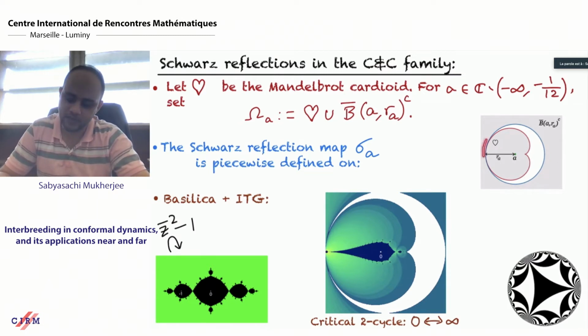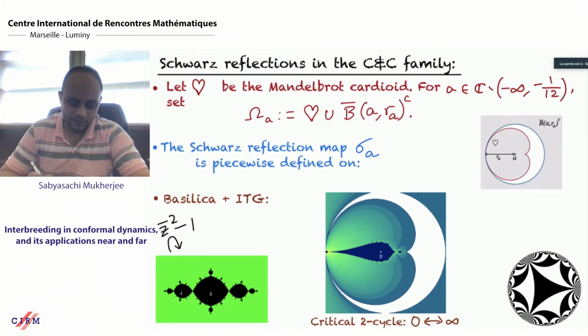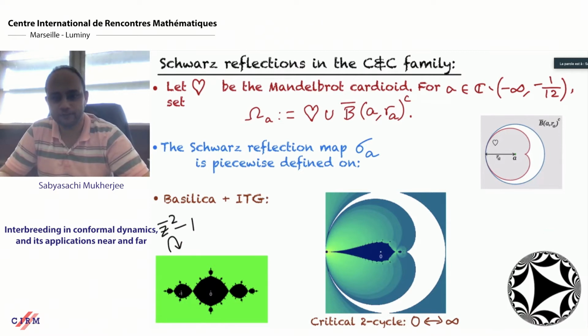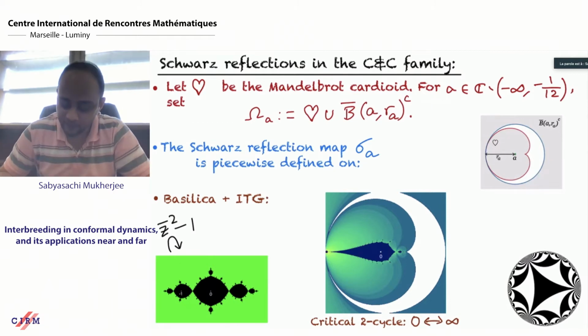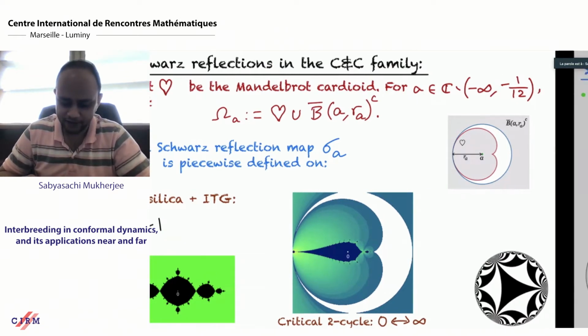For a suitable choice of A, namely if we choose A to be 0, one sees that the non-escaping set looks very similar to the standard basilica, and the escaping set again looks like the ideal triangle reflection. So that's another visual suggestion that there's some mating theorem underlying this picture.